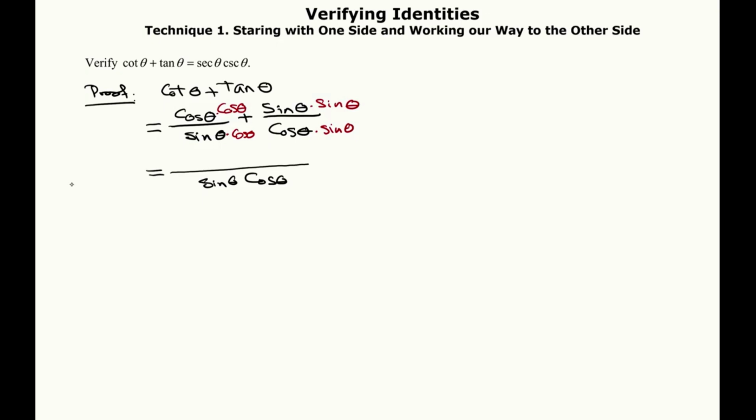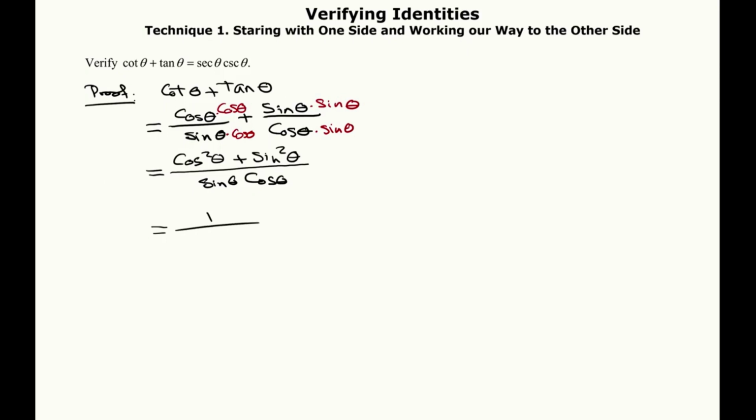All right, so now we notice that our new numerators are cosine squared theta plus sine squared theta. The expression on the top should look familiar to you by now. As you know, that's just 1.